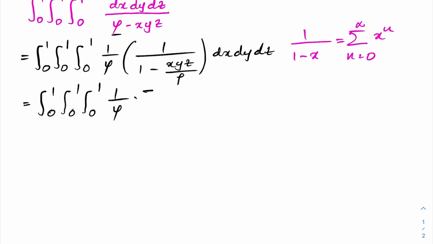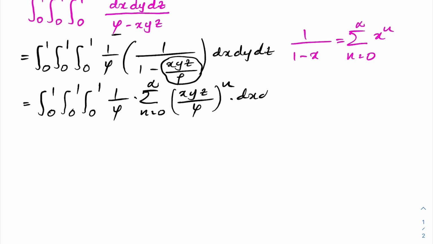Therefore, we can write the sum of n equal 0 to infinity. Now here we have xyz over phi, so we have xyz over phi raised to the n power, dx dy dz.